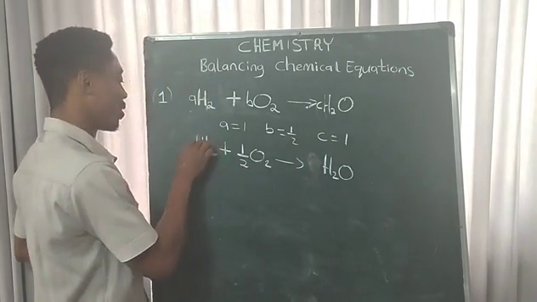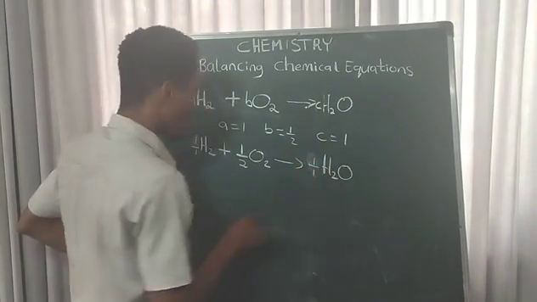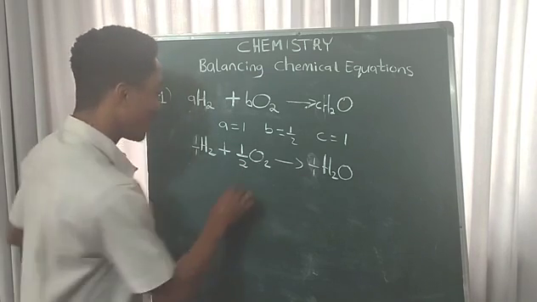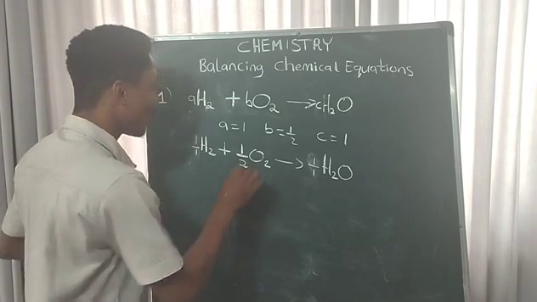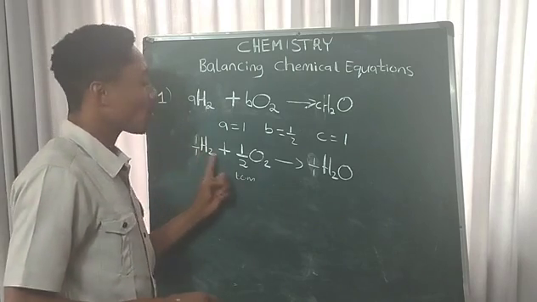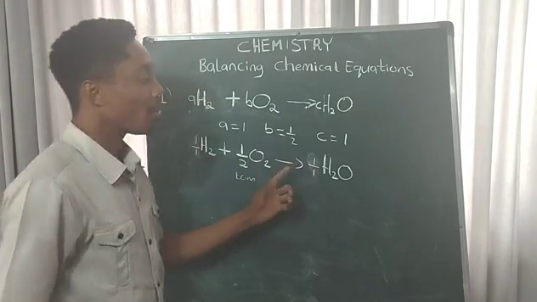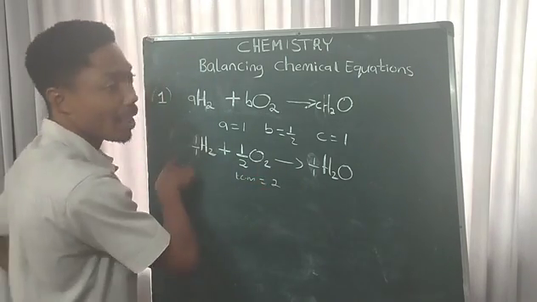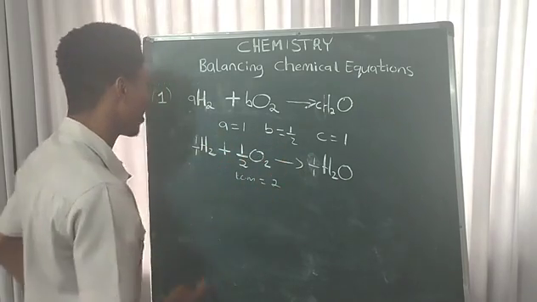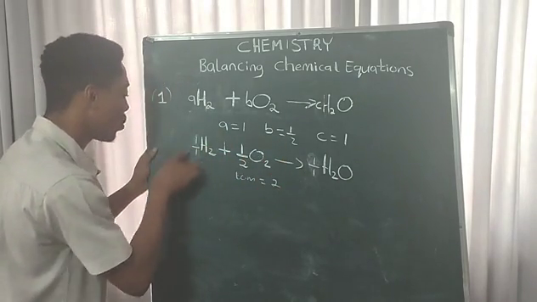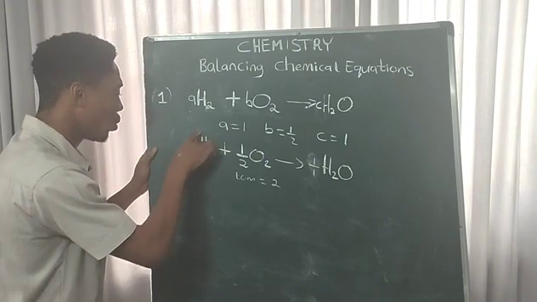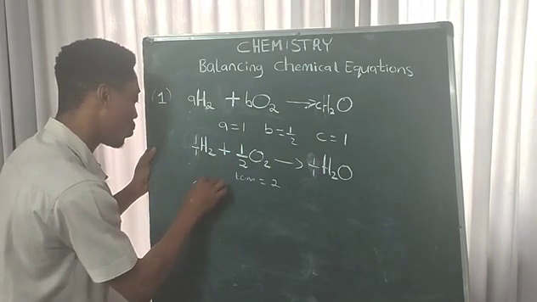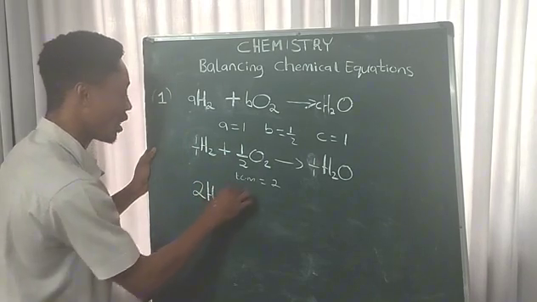So we're going to find the LCM of 1, 2, and 1. The LCM of the denominators of each of the moles of these elements is 2. So I'm going to multiply each of the reactants by the LCM 2. Multiplying this by 2, this is going to be 2 H2, which is 2 moles of hydrogen gas.